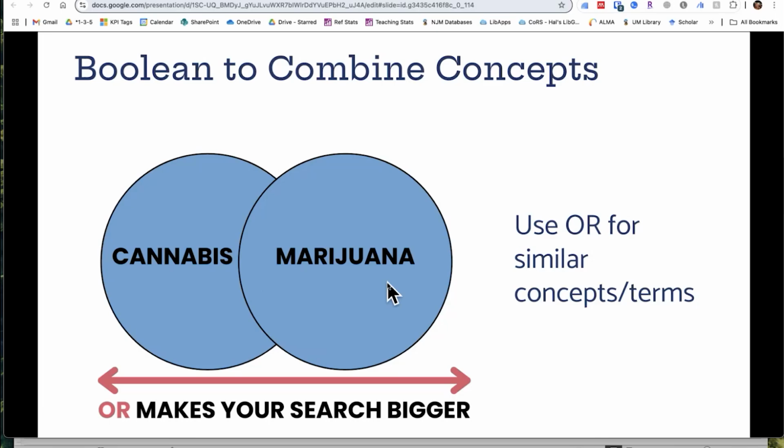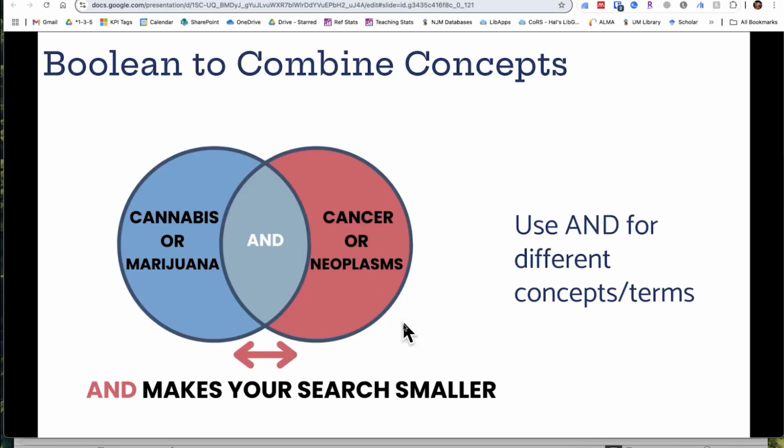So OR makes your search bigger. AND is what you use when you are combining your different concepts. So here I have this whole set of articles on cannabis or marijuana. On this side, I have articles that are about cancer or neoplasms, and I combine them to make it smaller. So the more concepts you include, the smaller your search will get.